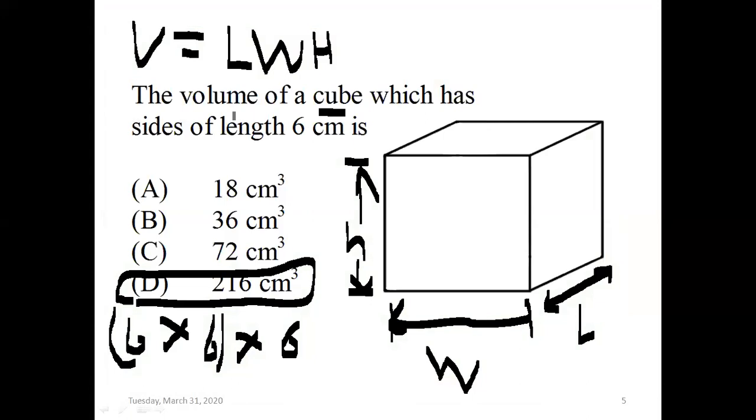This question is asking us to find the volume, and we worked out the volume to be 216. Suppose I give you the volume and ask you to work out the length of one side. We know it's 6, but how would you have gotten the 6? Anybody want to explain? Divided by 3. Okay, you're breaking up for me. Come again.